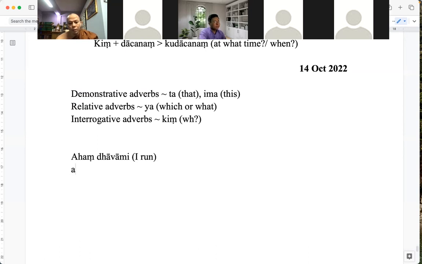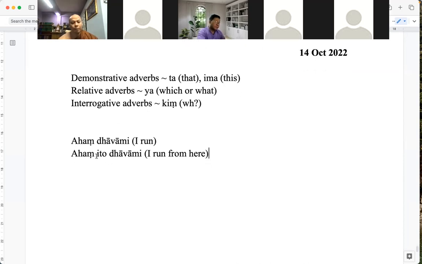But now using the demonstrative adverb 'ito', that means 'I ran from here', in this way. So just putting that adverb commonly before the verb, but maybe sometimes at the beginning of a sentence also.